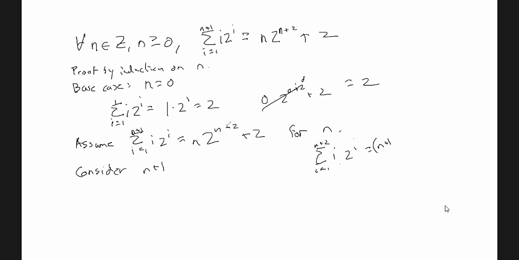Yeah. So this is n plus 3. This is what I want to see, that's what I want to come out. Okay, so let's look at this. So I've got the sum from i equals 1 to n plus 2 of i times 2 to the i.